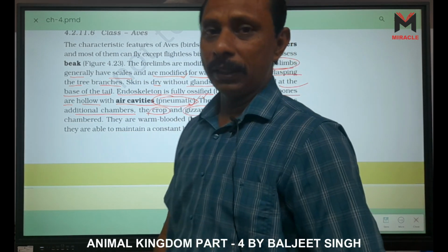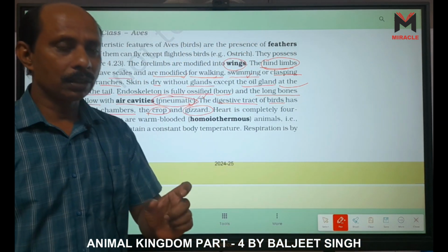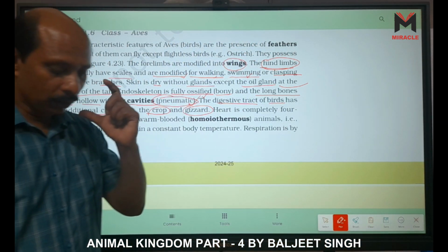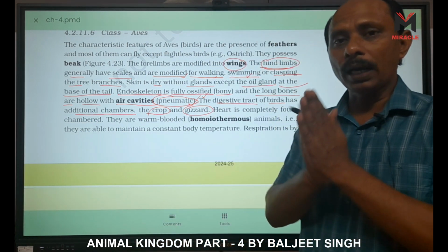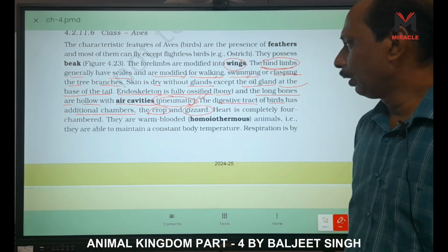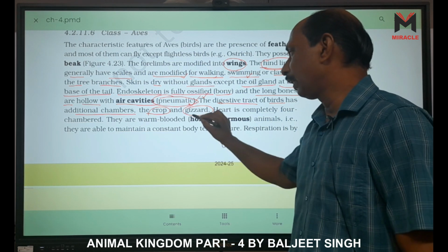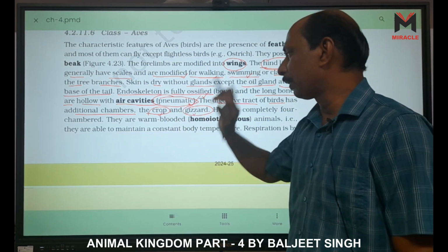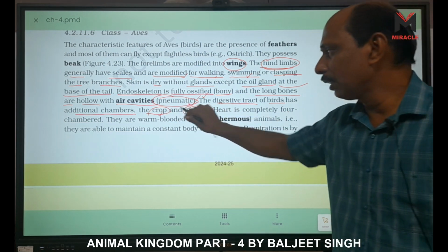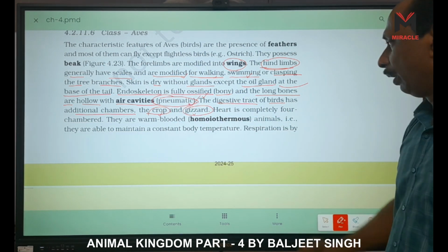Gizzard is always present in those animals in which teeth are absent. The function of the gizzard is grinding the food particles. Crop is to store the food.